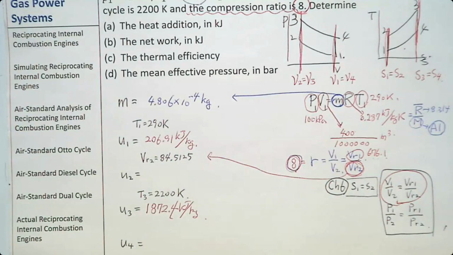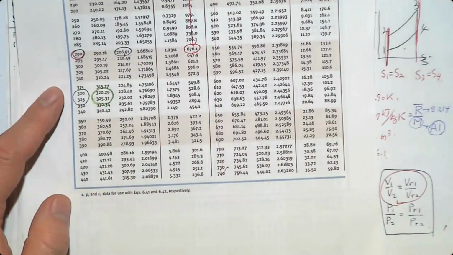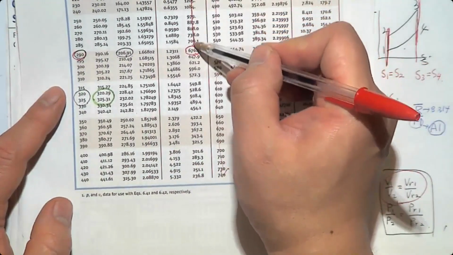Now, can you find U2? Now, yes, because you know VR2. You go to table A22, find this VR2. Whatever the U next to it is going to be U2. So let's find 84 for VR on this table. Where is VR? Here. 84.